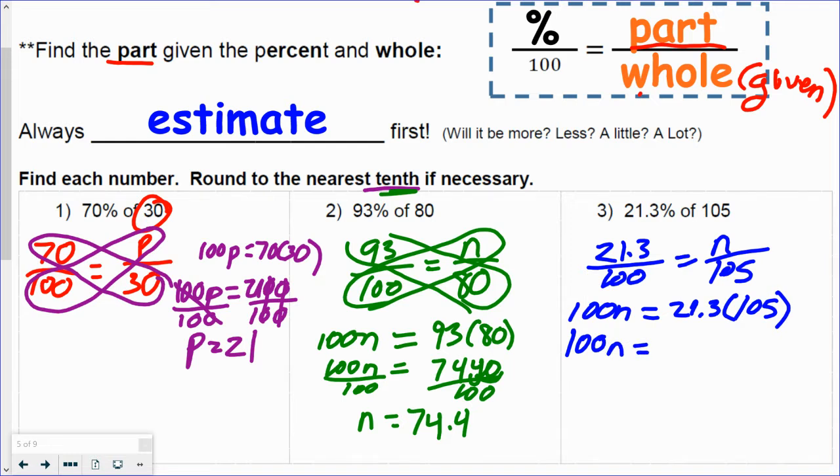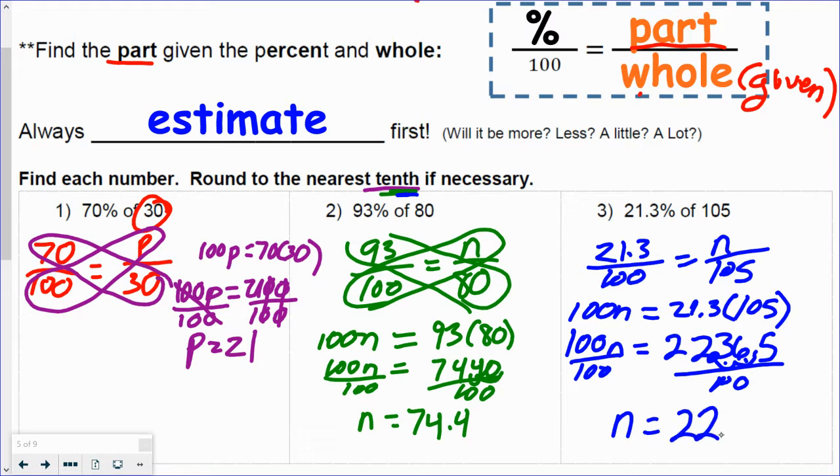Once we multiply, it is 2,236.5. When we divide by our hundreds, I'm just going to move the decimal over twice. Remember, we're rounding to our nearest tenth, which is my 3. So I have to look after it, and my n is 22 and 4/10. I have to round it up because that's a 6 after the 3. 5 or higher, raise your score, 4 or less, let rest.